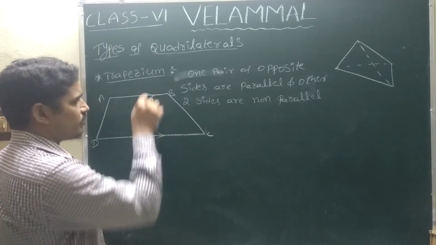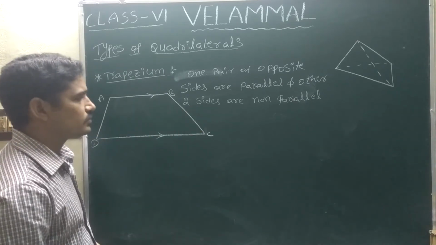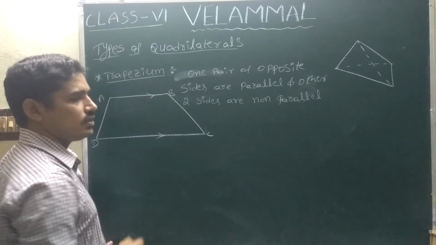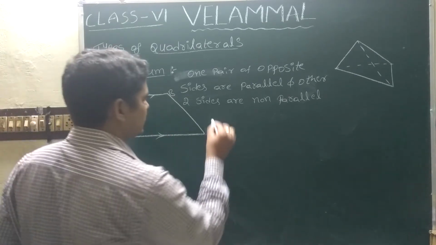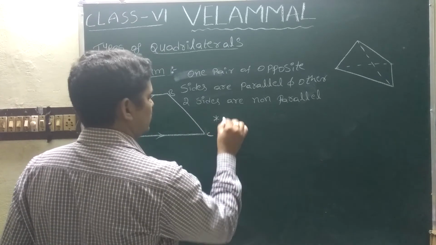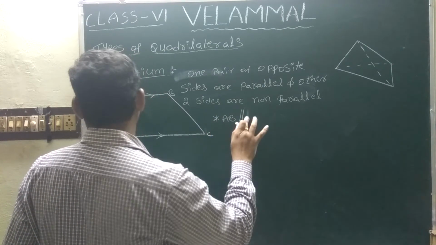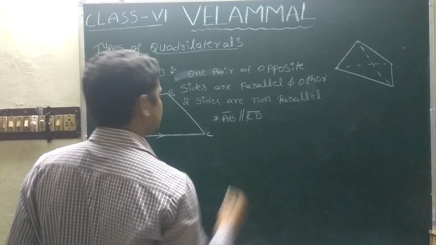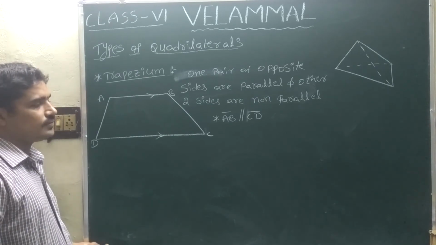One pair of opposite sides are parallel and these are not parallel. So these two sides are parallel and need not be equal. So by that we can say AB is parallel to CD. AB line segment is parallel to CD and need not be equal.